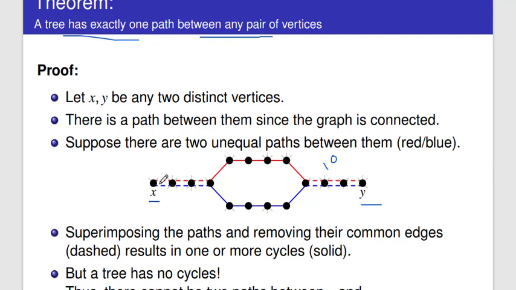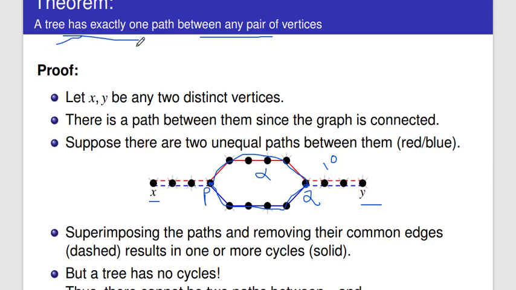Let's assume there are two different paths from x to y, one red and one blue. Then between vertex p and vertex q you can see that a cycle is formed. But a tree has no cycle, so this is not possible, so our assumption is wrong. So this theorem holds true.